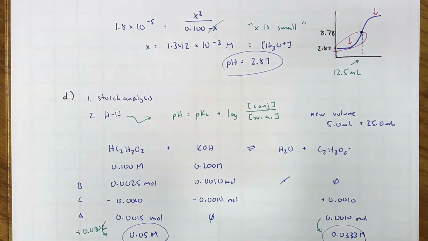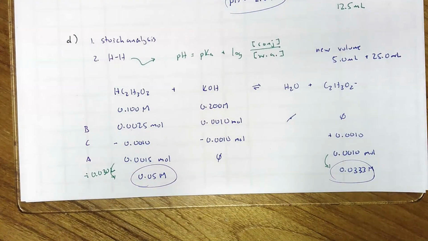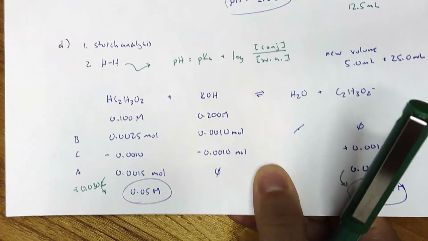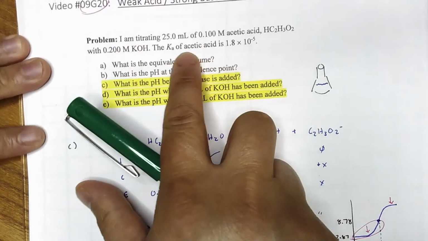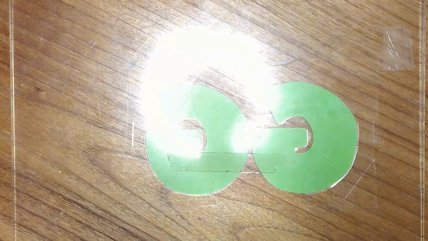Okay. I do need to start a new paper because I ran out of room at the bottom. Before we get to that new paper, we need pKa, but we were given Ka, so we could definitely get pKa from that. And I'll do those calculations, and we'll plug in the numbers.